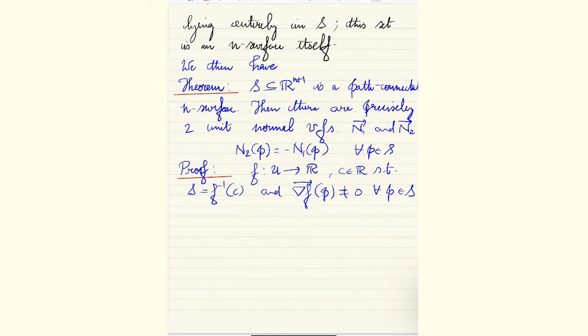Now we can simply define n1 by normalizing. We want a unit normal field. We know that the gradient vector field is orthogonal to the tangent space, and there is only one dimension there.